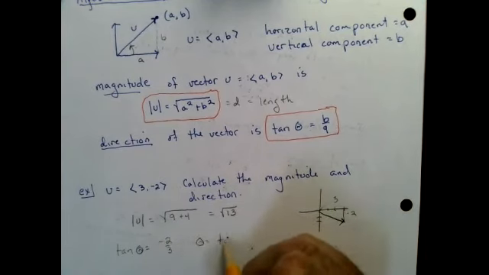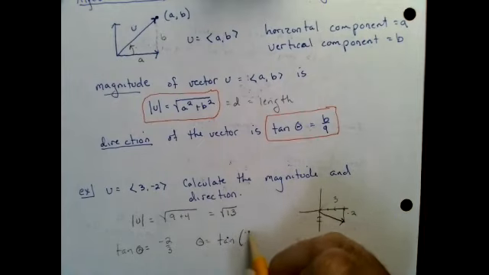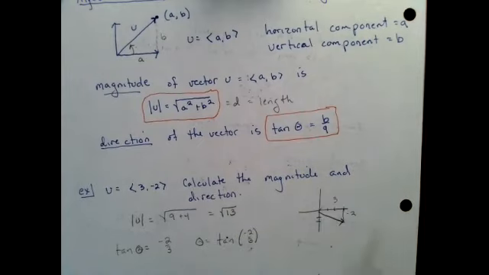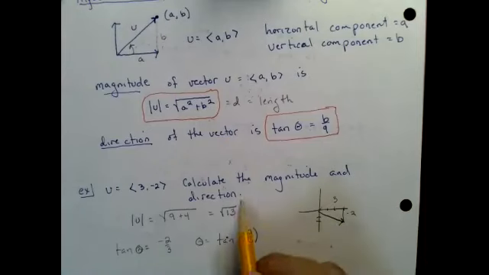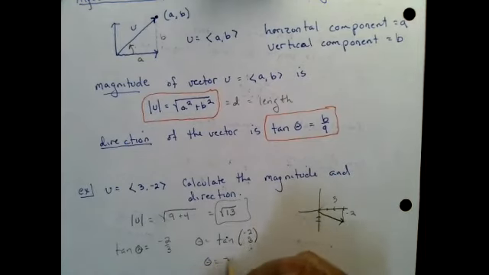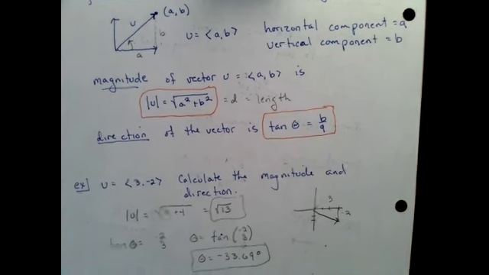Theta equals the inverse tan of -2 over 3. I better get an answer in the fourth quadrant. The inverse tan of -2 divided by 3. Theta equals negative 33.69 degrees. Whew. That definitely is in the fourth quadrant.